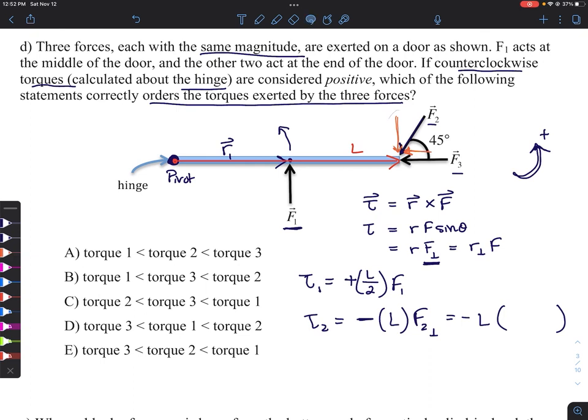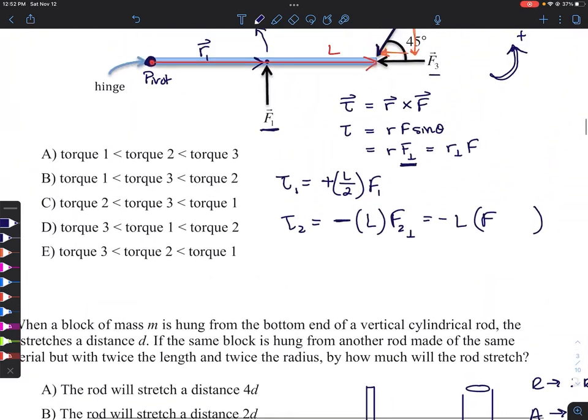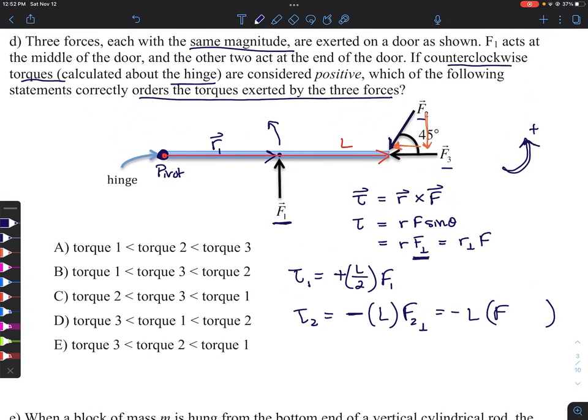If I move it over to this side, it's a little easier to see that it's F sine 45. Now in this case, F sine 45 is the same as F cosine 45, but if it wasn't a 45-degree angle, you'd want to make sure that you got the right trig function.